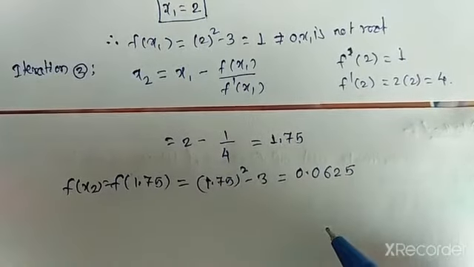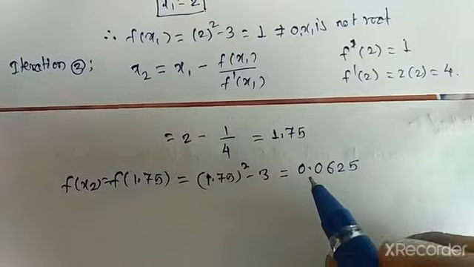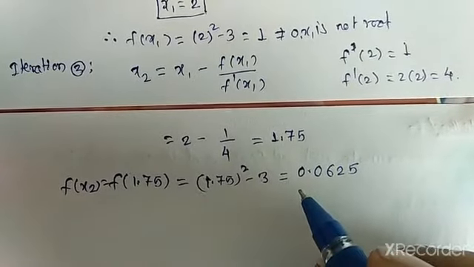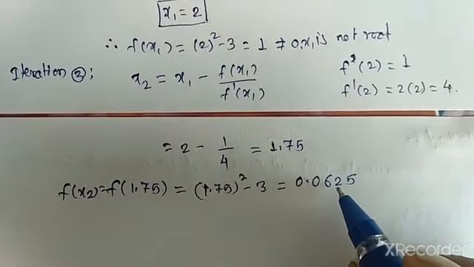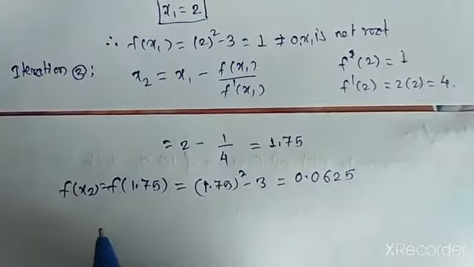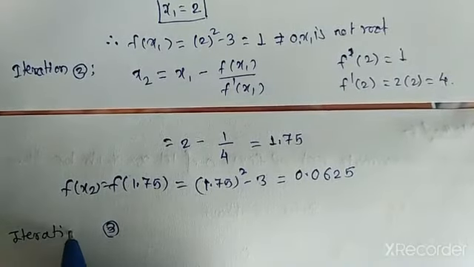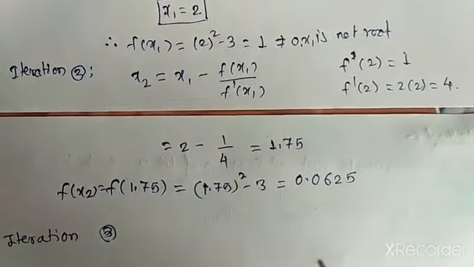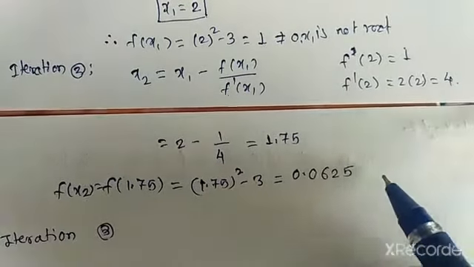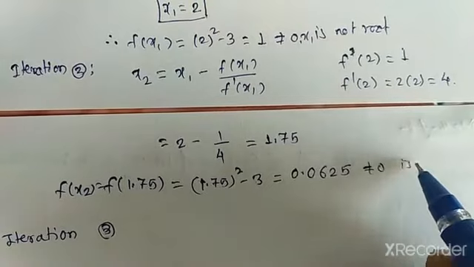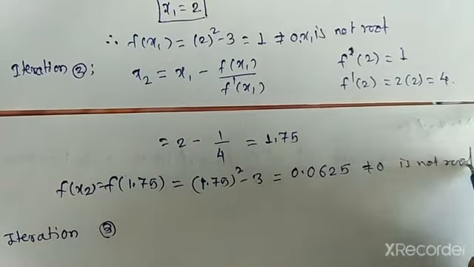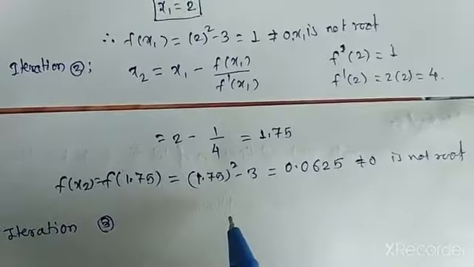Okay, so after the second iteration you may see that it is nearer to 0, or you may calculate the next iteration. We have been asked in the question to go up to iteration number 3. So it is not equal to 0, it is not a root, so we go to the next step.